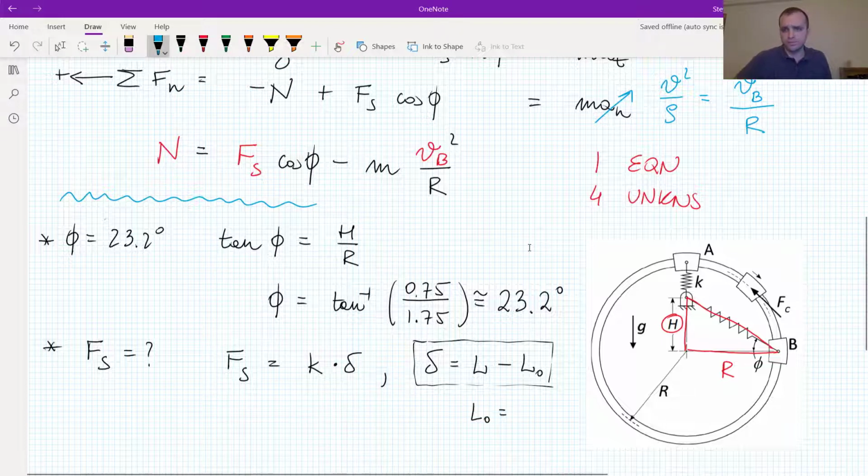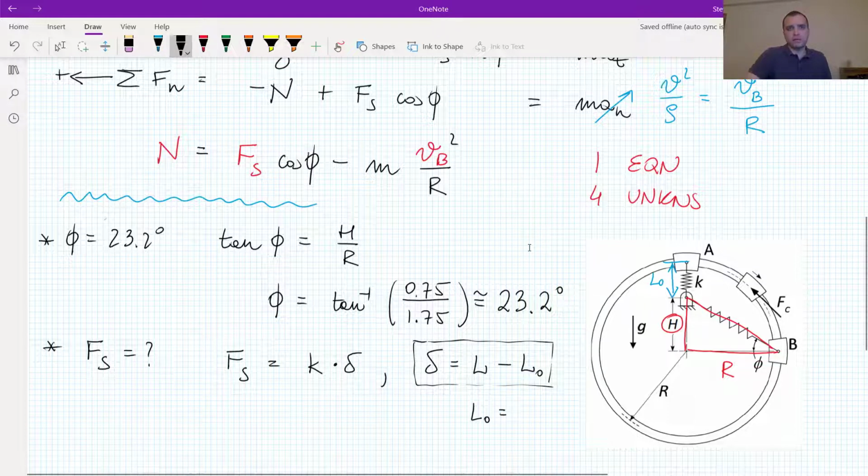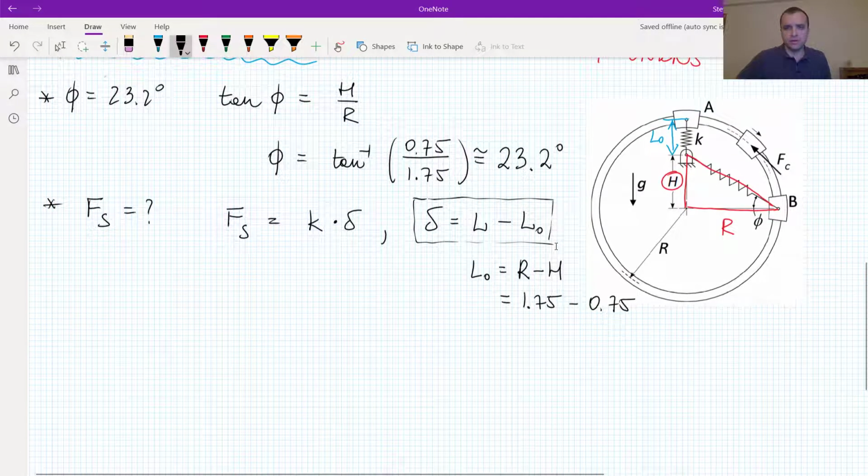This is the initial length of our spring. So I think that L0 is R minus H. So this is 1.75 minus 0.75. So our L0 is basically 1 foot.